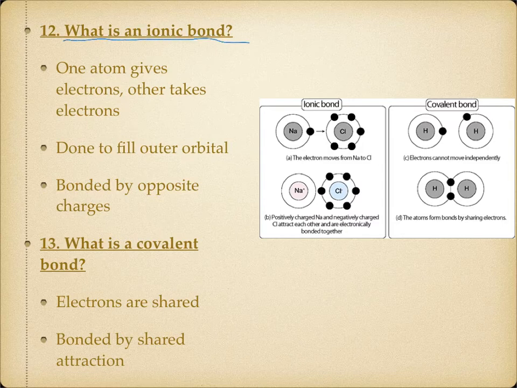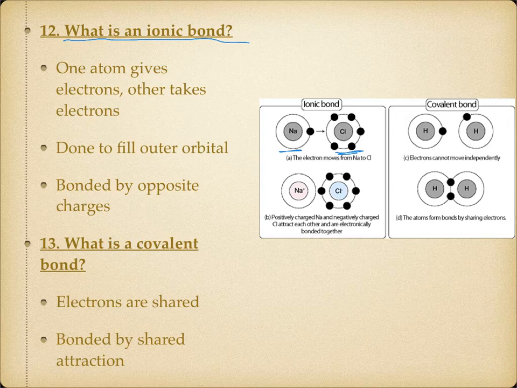An ionic bond is formed when one atom gives up 1 or more electrons, and another atom takes on 1 or more electrons. This is done to fill the outer orbital of each atom, and the atoms are bonded together by their opposite charges. For example, this is sodium, which has 1 electron in its outermost shell, and this is chlorine, which has 7 in its outermost shell.